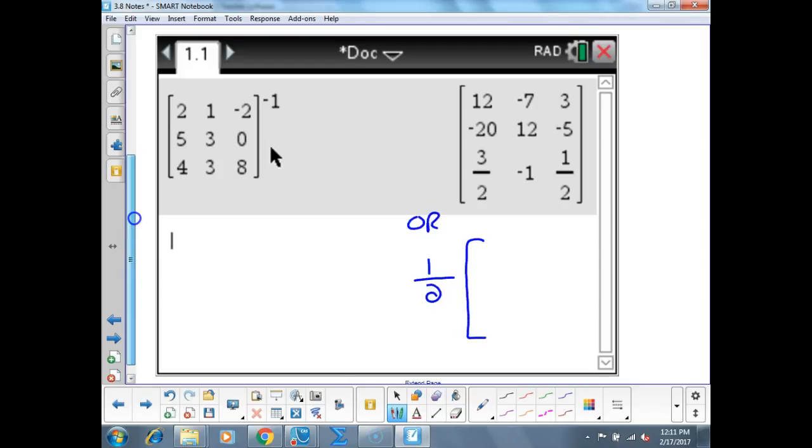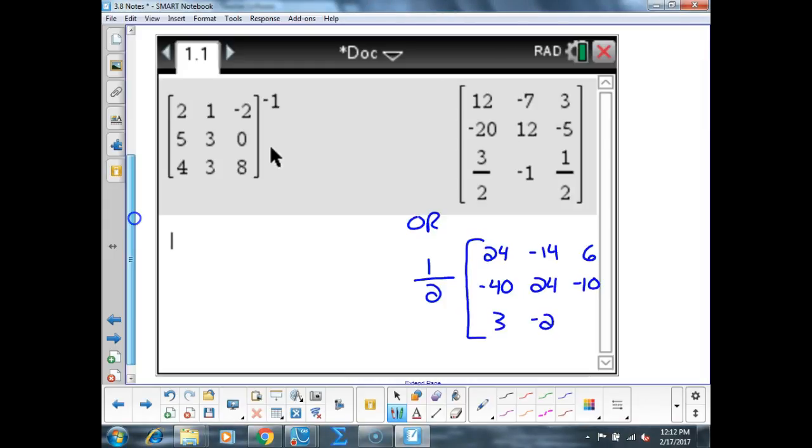If I pull out a 1/2 to get rid of those fractions, which I can, then this would be 24, negative 14, 6, negative 40, 24, negative 10, 3, negative 2, 1. So you could get that as an answer too.